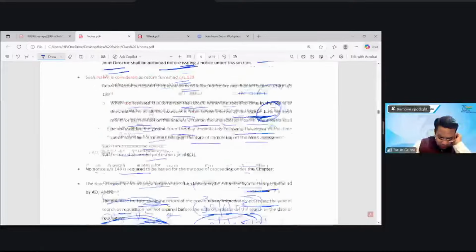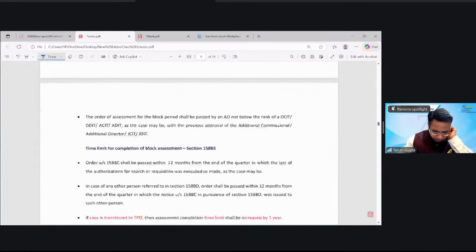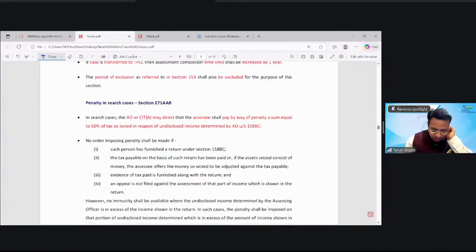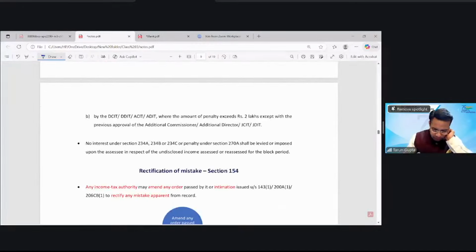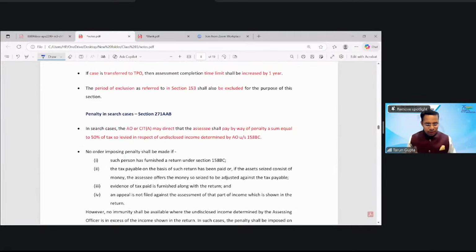Now this undisclosed income is taxed at the rate of 60% plus penalties. So, in such a case, the AO or CIT may direct that the assessee shall pay by way of penalty a sum equal to 50% of the tax so levied in respect of undisclosed income determined by the AO under section 158BC.